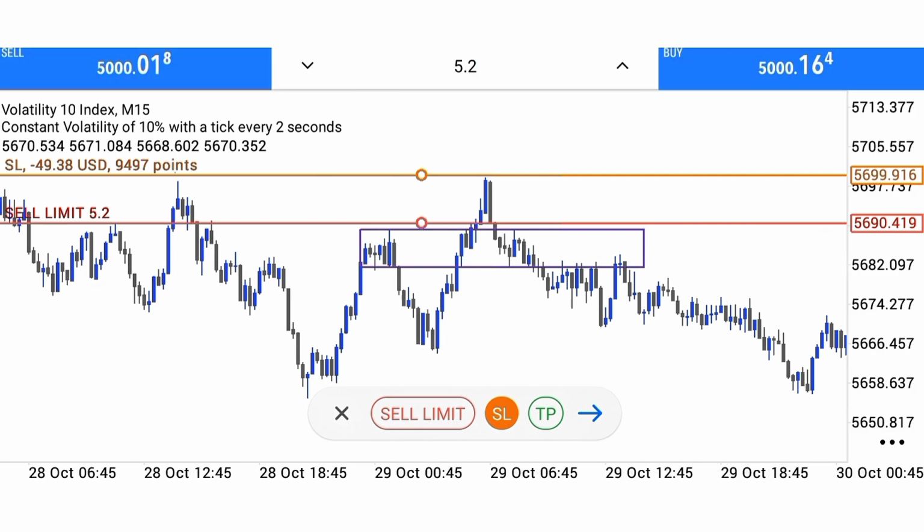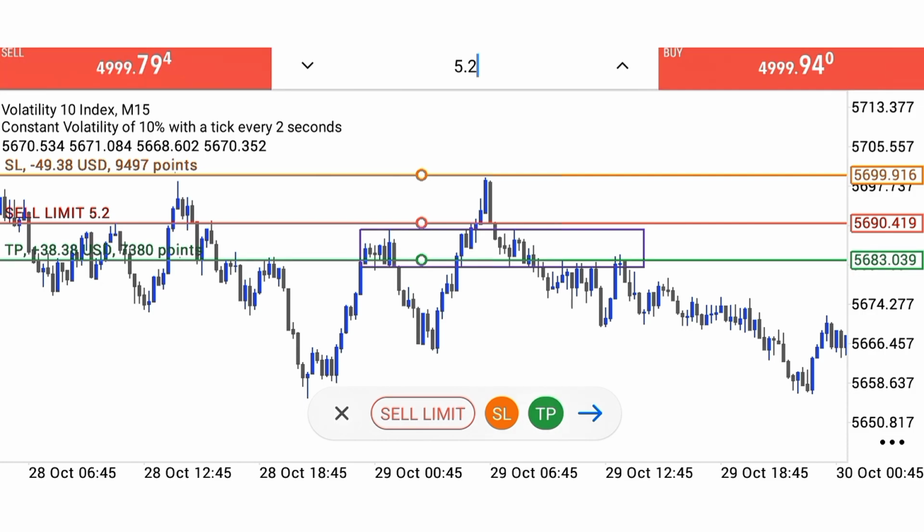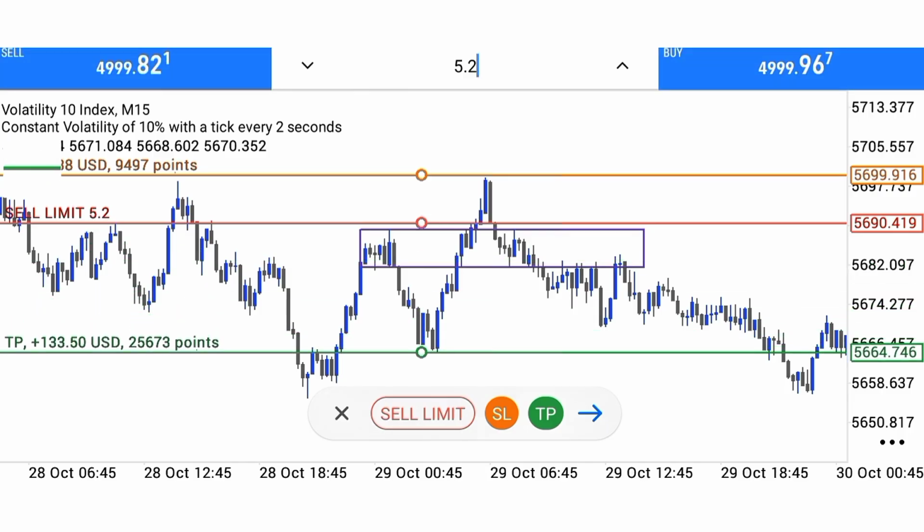Now, if I'm risking $50 for this trade, how much am I going to get? If I place my take profit target at the low of the supply, that means I'll be getting $133 risking $50. Alright, what if I'm risking $10 for this trade?